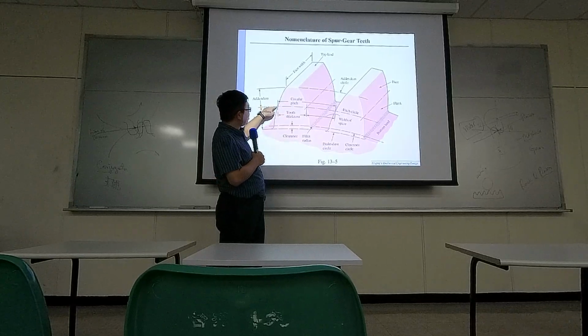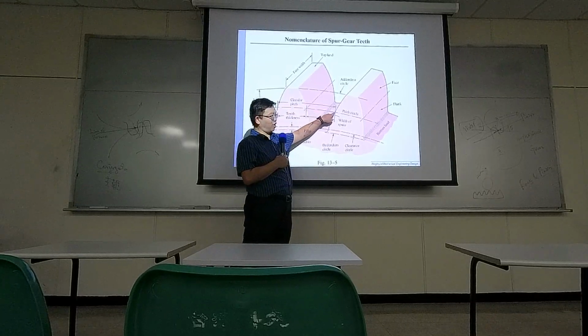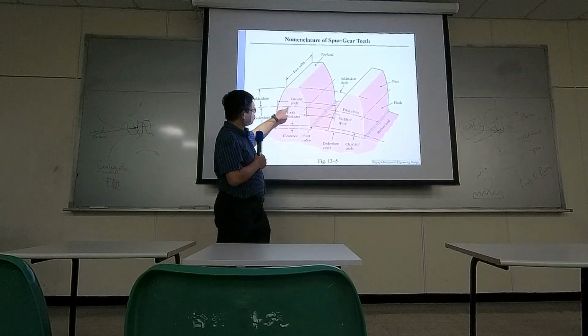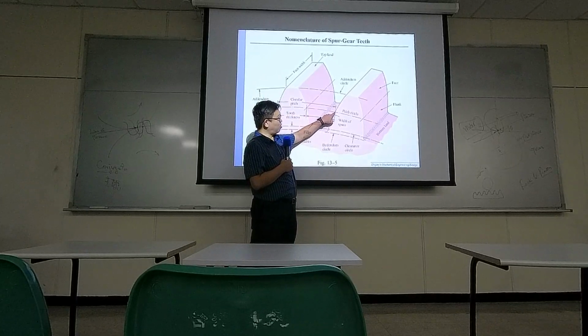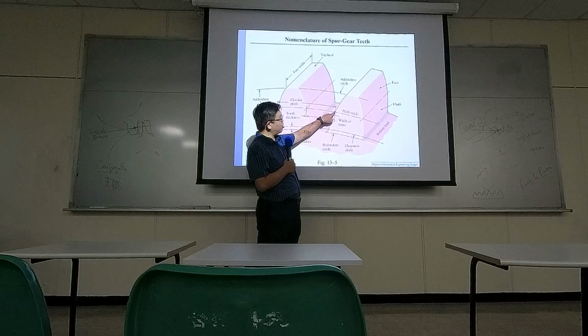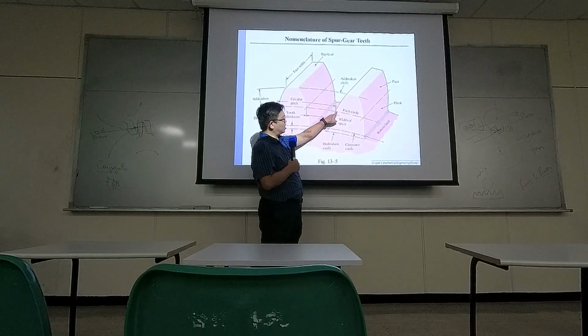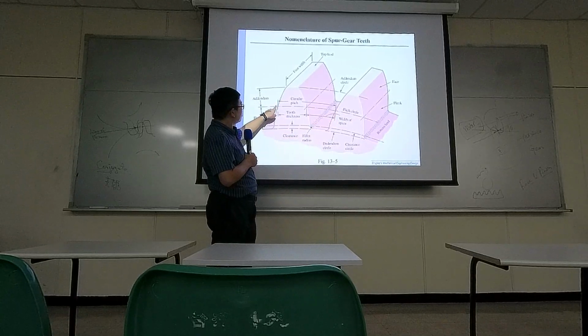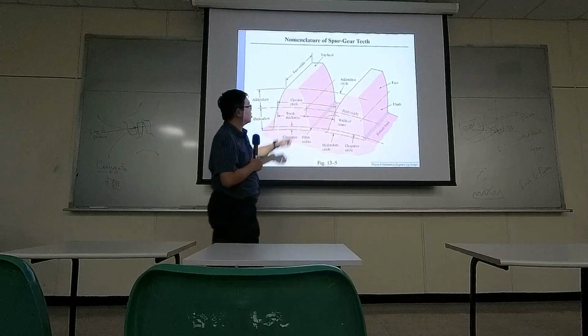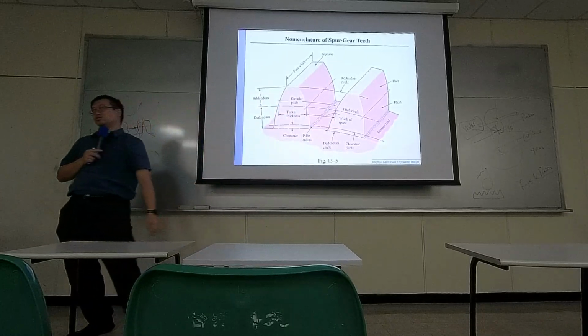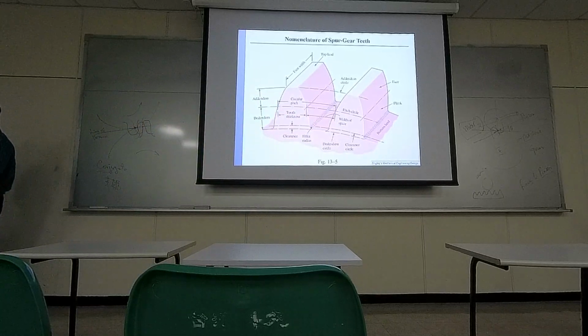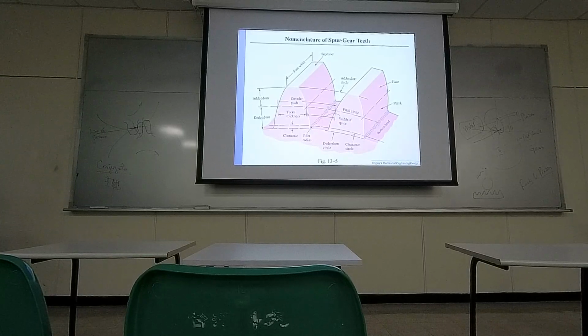We compute the pitch along the arc, from one edge to the same edge on the other tooth. So this arc length is called the circular pitch. Okay, so it's the arc length, not the direct linear length.